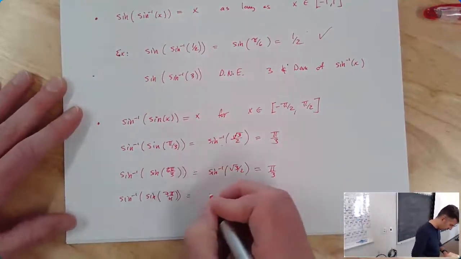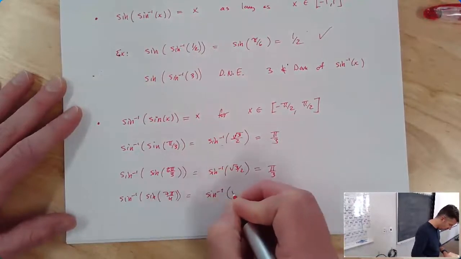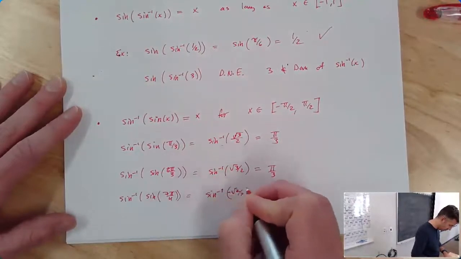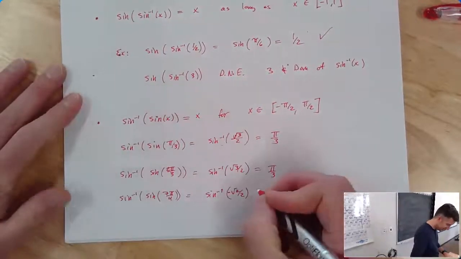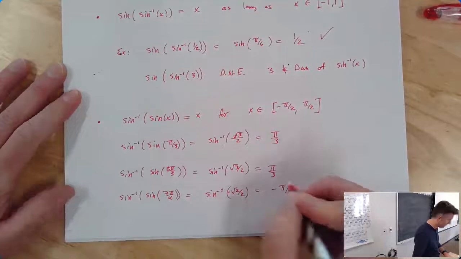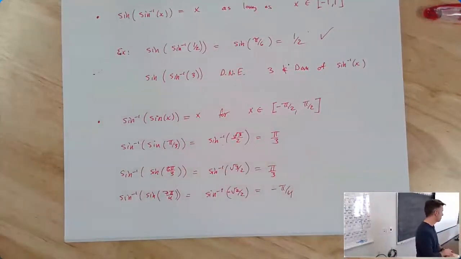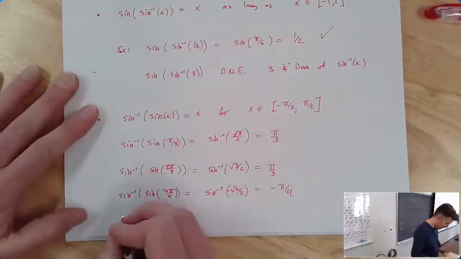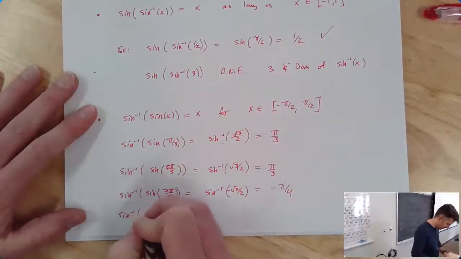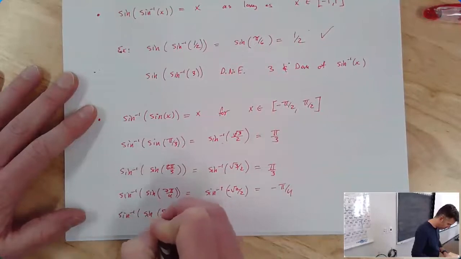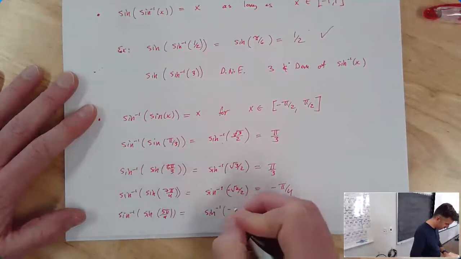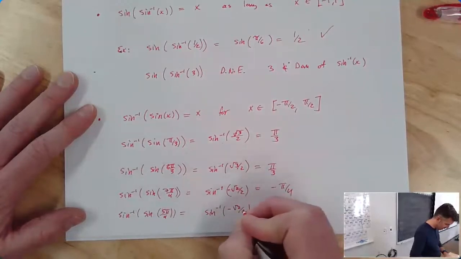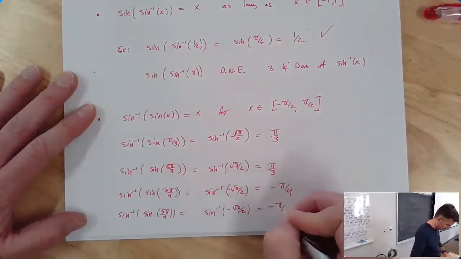So this is going to be the inverse sine of negative root 2 over 2, and the inverse sine of negative root 2 over 2 is negative pi over 4. The same would be true if it was the inverse sine of the sine of 5 pi over 4. Sine of 5 pi over 4 is also negative root 2 over 2, and the inverse sine of that is still negative pi over 4.